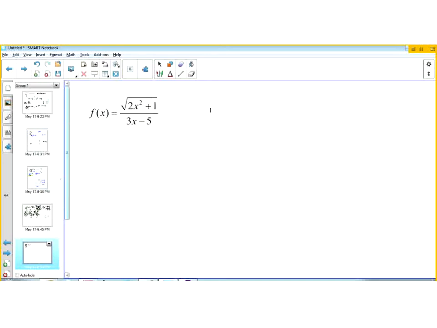All right, so we want to analyze the asymptotic behavior for this function. So we can start off with an assessment as x approaches infinity for this function.